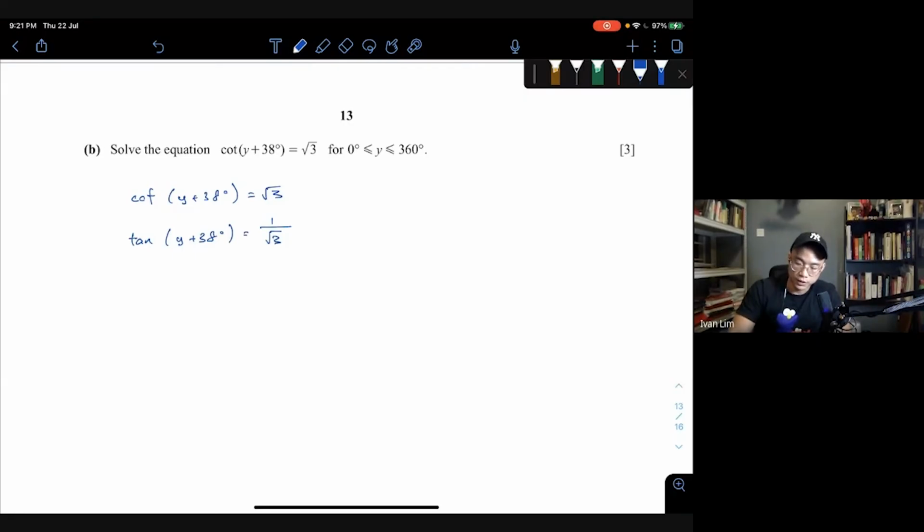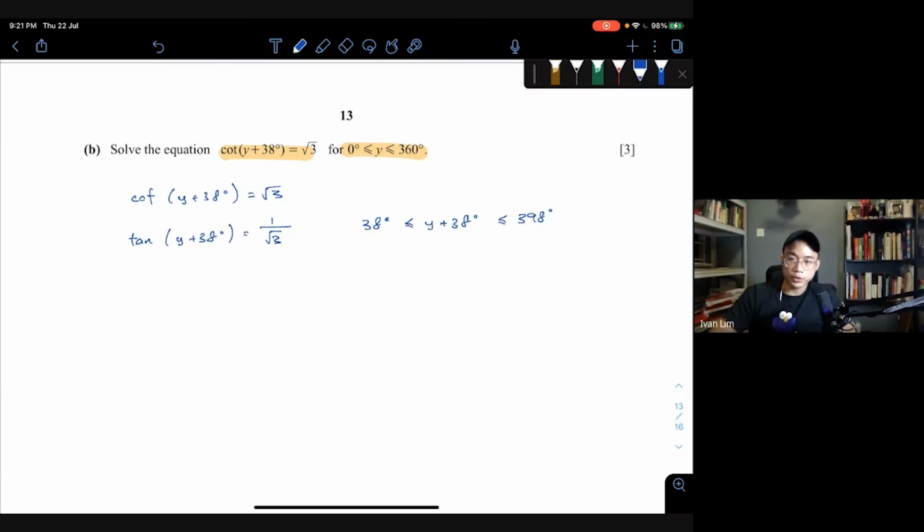Now, I mentioned that we need to take note of the domain for the angle, your smallest value and your biggest value. Where is your starting point? It is y plus 38, right? So here I need 0 degrees plus 38, and here also y plus 38, and 360 degrees plus 38 degrees becomes 398 degrees.